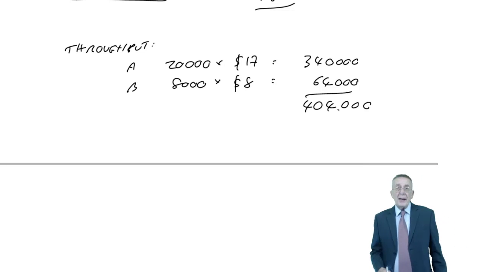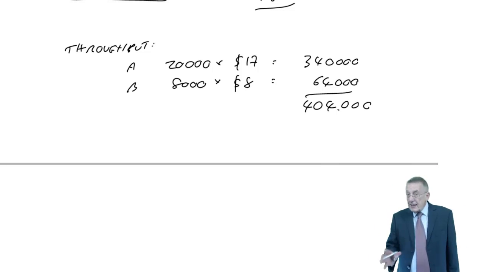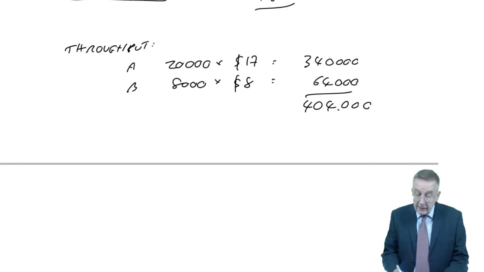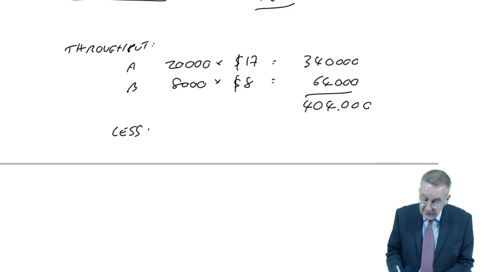So a total of 404,000. Now that's the maximum throughput we can get. For profit, though, we need to subtract the fixed costs.